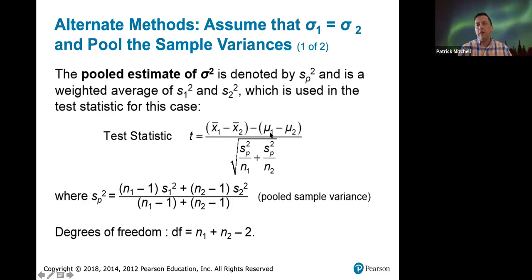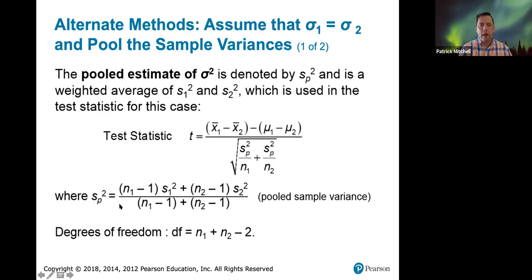So notice it is a similar formula as the one we were using before, except we're just using S sub p instead of S sub 1 and S sub 2. And here's how you calculate the pooled estimate for the variance.